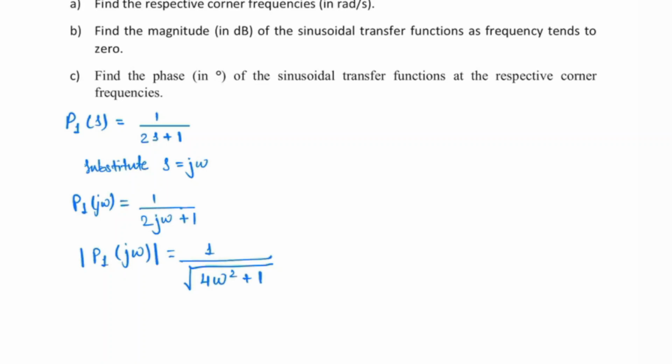So if we want to find corner frequencies, that would be the intersection of the low frequency component and the high frequency component. So when omega tends to 0, the magnitude of P1 of j omega tends to 1.